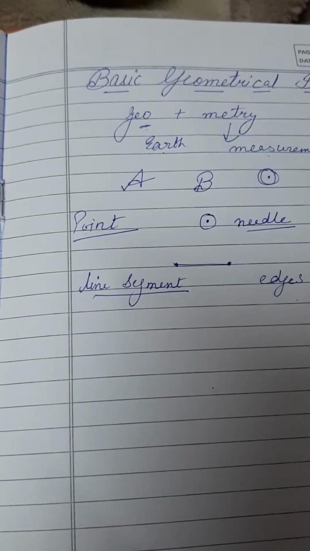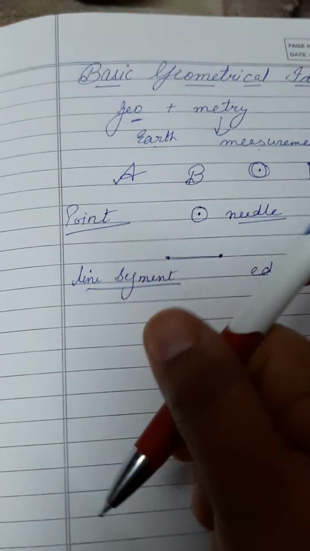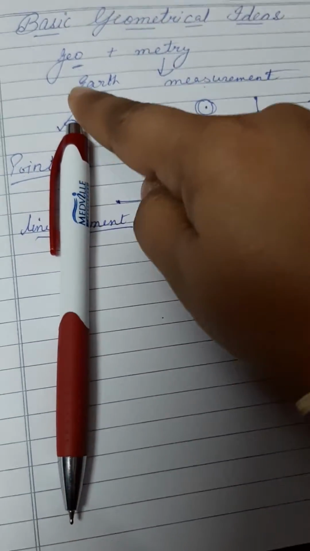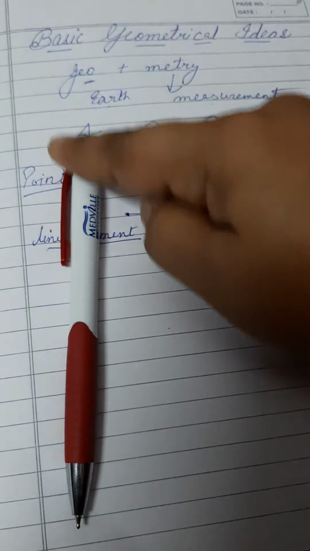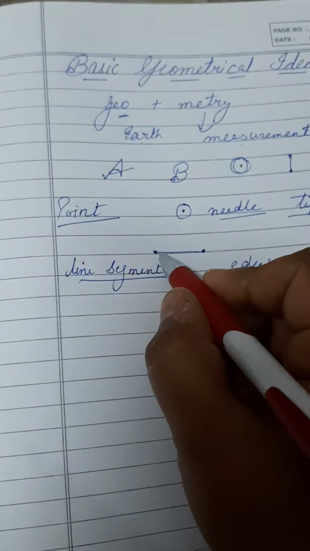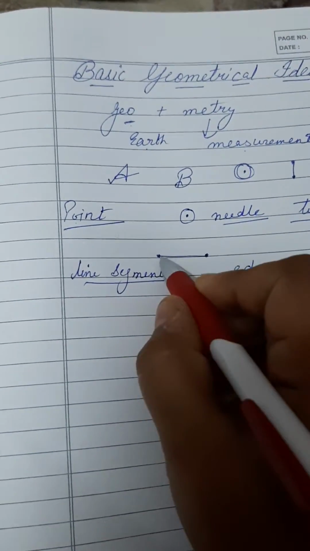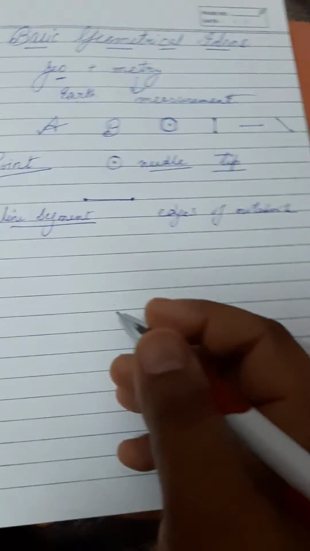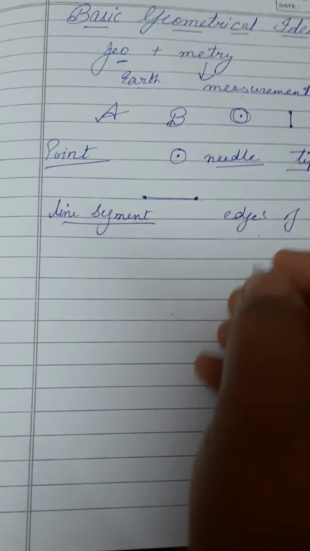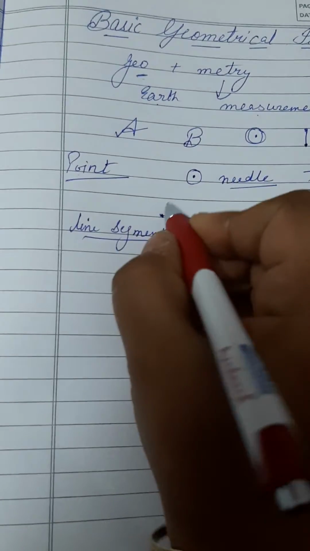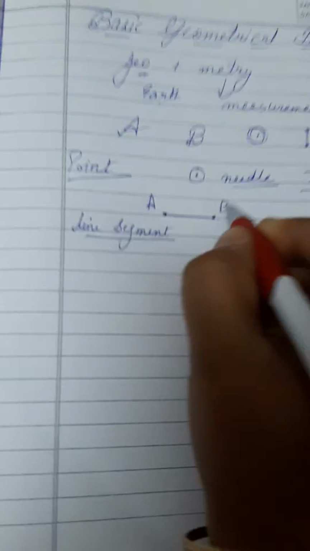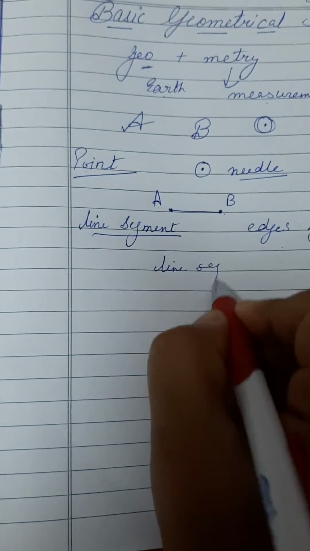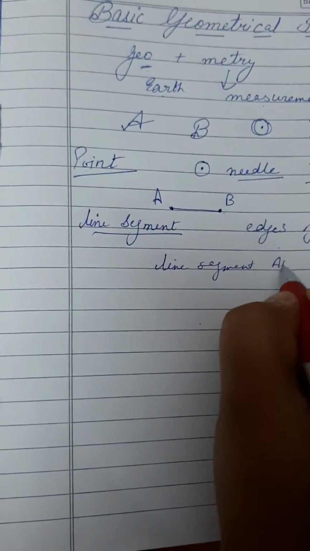Or if we have a pen like this, this point and this point make a line segment. Why are these line segments? Because they have 2 end points. Every line segment has 2 end points. Suppose I name this A and this B, so it will be called line segment AB.